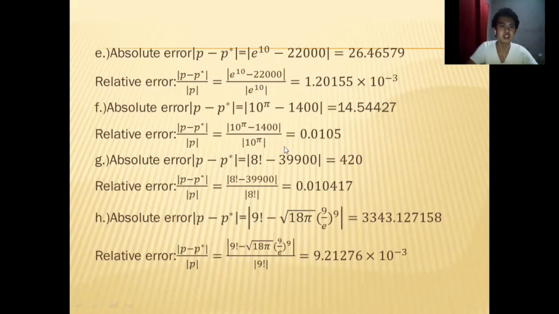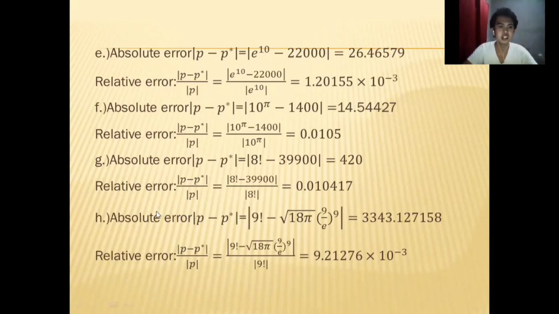In letter G, the exact value is 8 factorial, then our approximate value is 39900. So using calculator, we get 420. In relative error, absolute value of 8 factorial minus 39900 over absolute value of 8 factorial, so we get 0.010417.